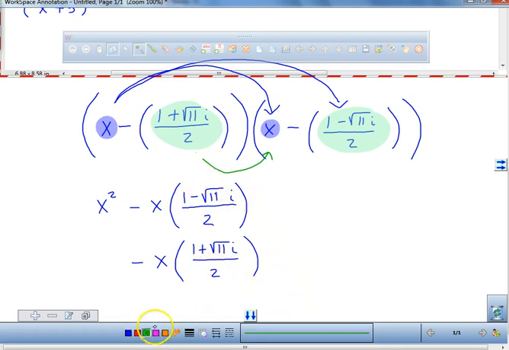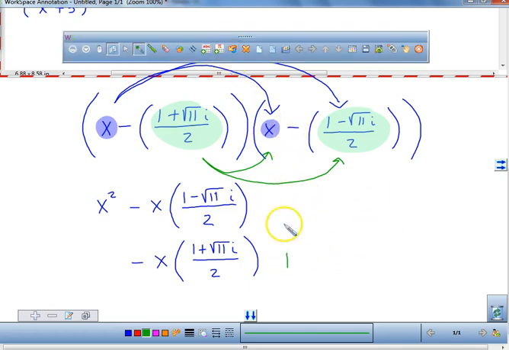And then the last thing we multiply is this times this. Now, this times this, a negative times a negative equals a positive.